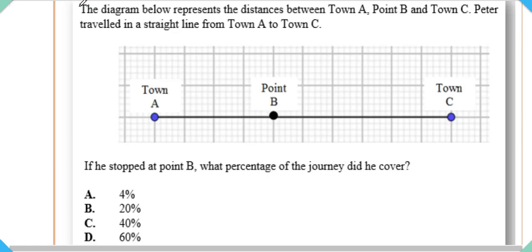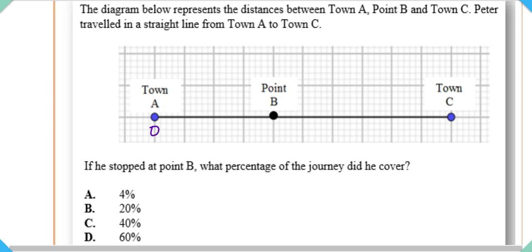Item 3. The diagram below represents the distances between town A, point B, and town C. Peter traveled in a straight line from town A to town C. The question is, if he stopped at point B, what percentage of the journey did he cover? Now let's look at our diagram and we're going to benchmark our distance. The starting point is 0.